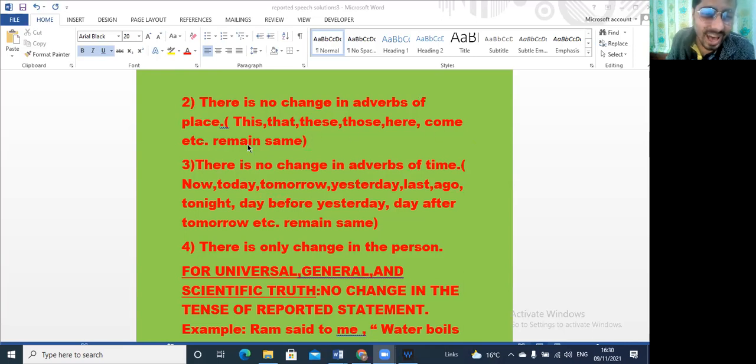Now, number three, there is no change in adverbs of time. I have already mentioned this. There is no change in adverbs of time, like now, today, tomorrow, yesterday, last, ago, tonight, day before yesterday, day after tomorrow, they remain the same.